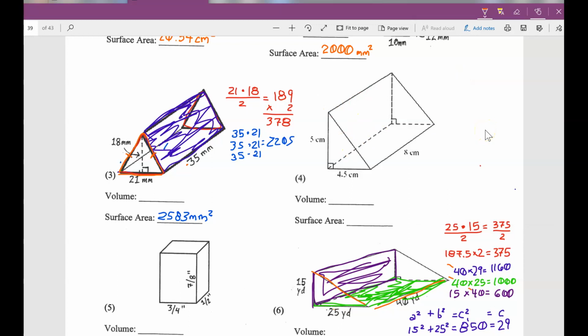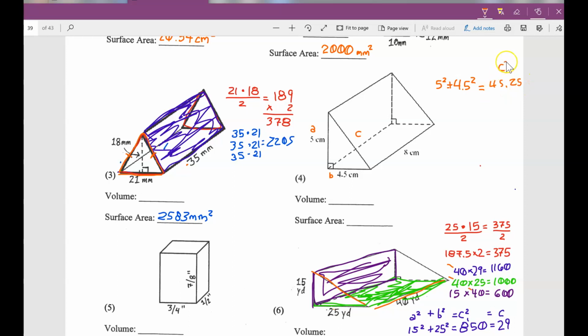All right, let's talk about the Pythagorean theorem on this one, and then I will let you go to your own homework. So we know A, and we know B, and we need to find C. So A is 5 and B is 4.5. Remember, this is the Pythagorean theorem, so we get 5 squared plus 4.5 squared, and that's going to give us a total of 45.25.